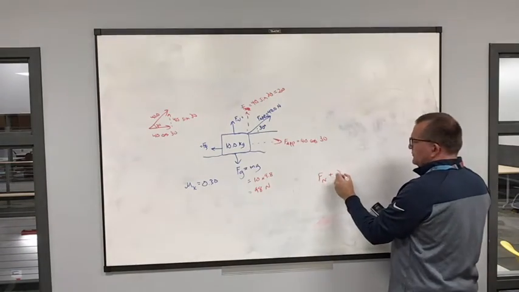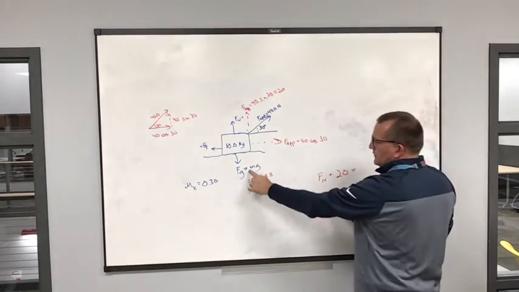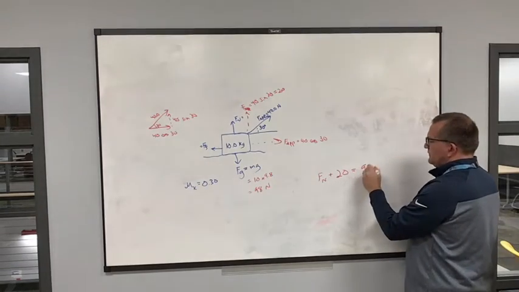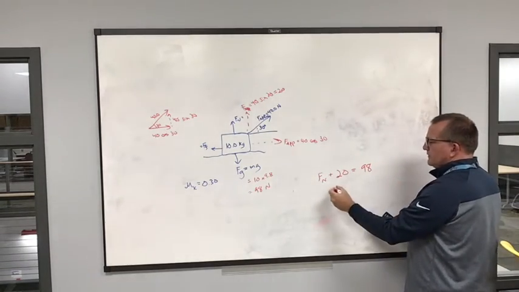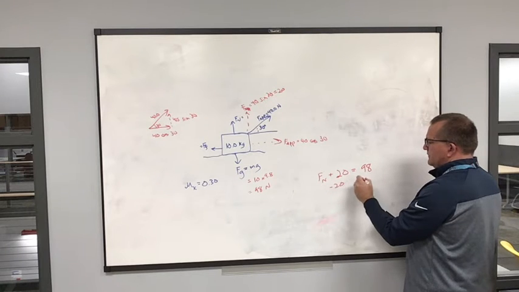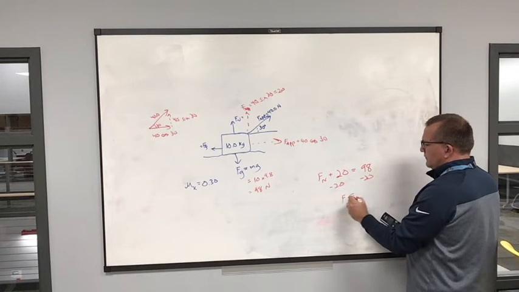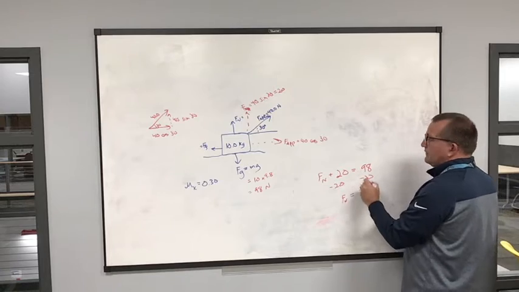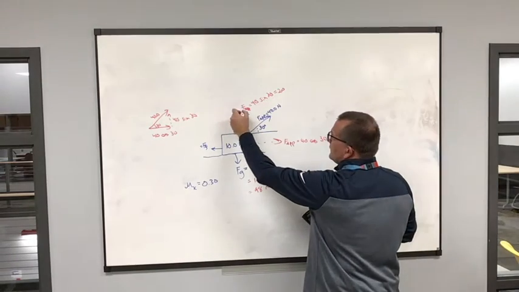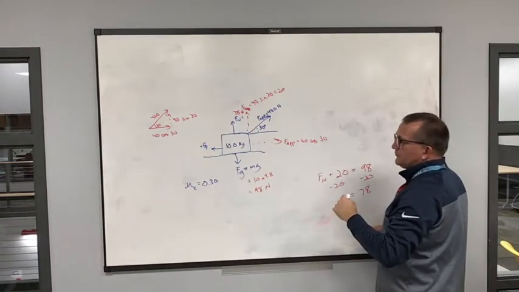So normal force plus 20 will equal 98. I subtract 20. My normal force is going to be 78.